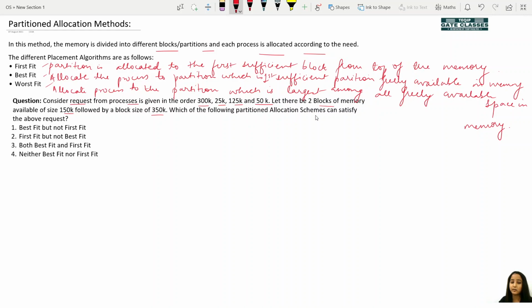Which of the following partition allocation schemes can satisfy the above request? The first option is best fit but not first fit. So we have to see which satisfies it best, whether it is first fit or best fit. Let us see the scenario.